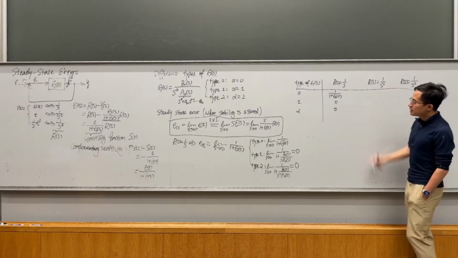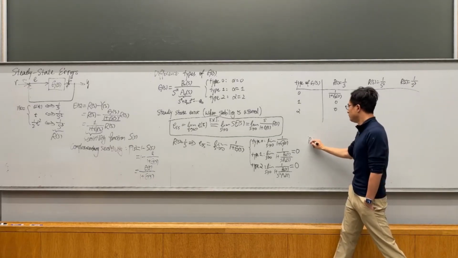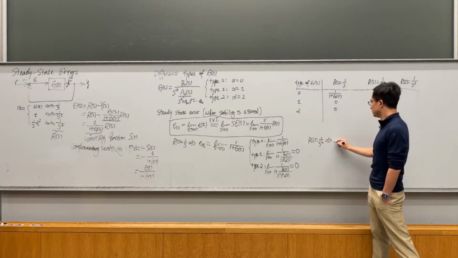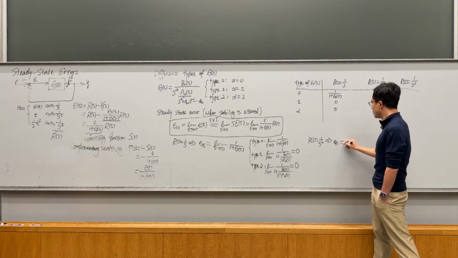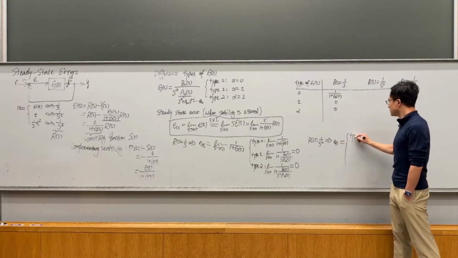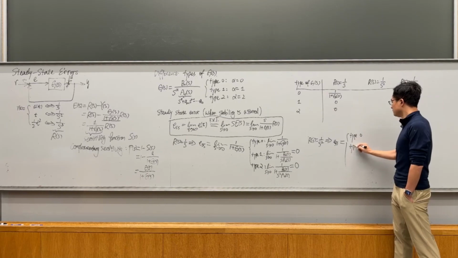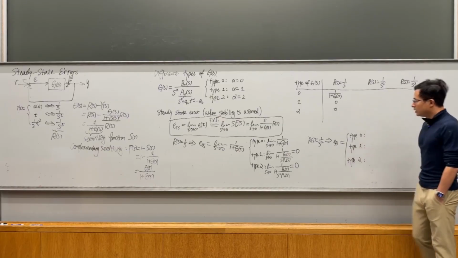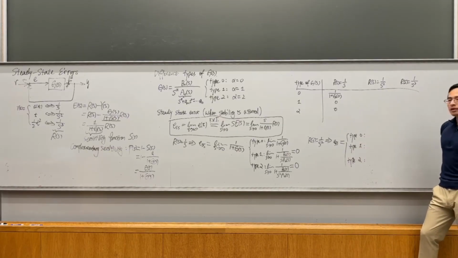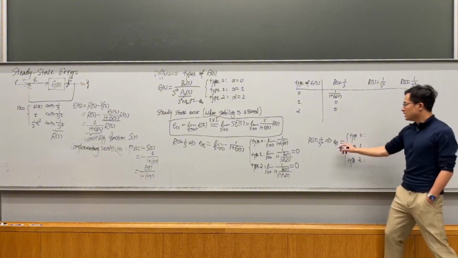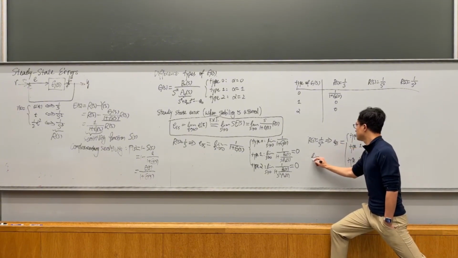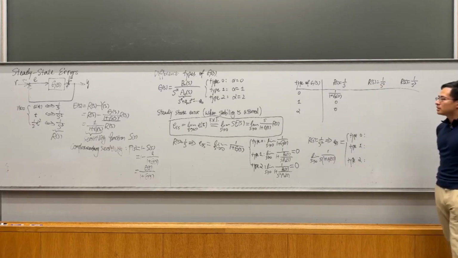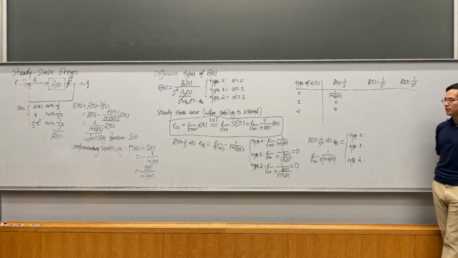Let's do the second case. This time I won't write all the details. Let's just look at it together. What changes is the steady state formula is going to become the limit of S times 1 over S squared. So there's an extra S in the denominator for ESS.